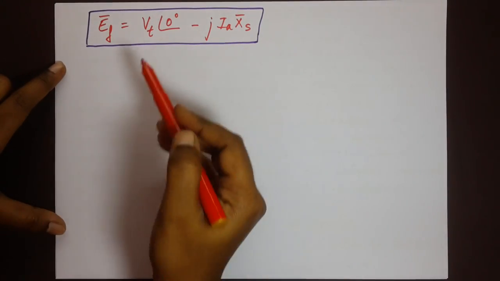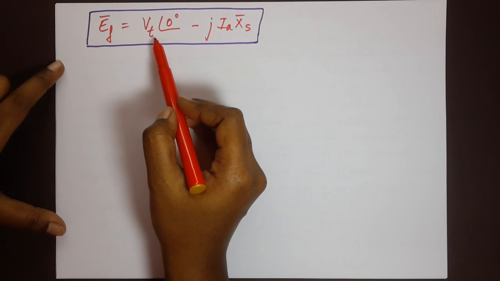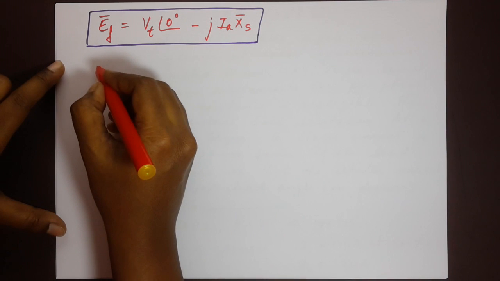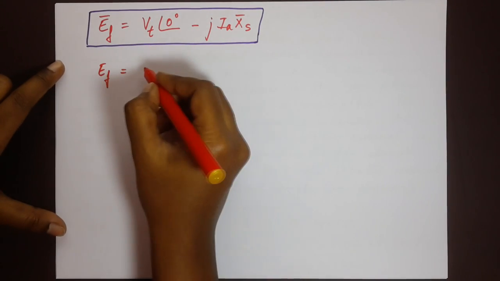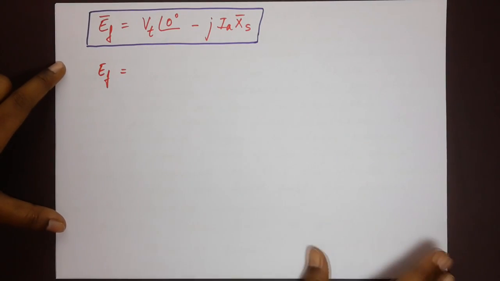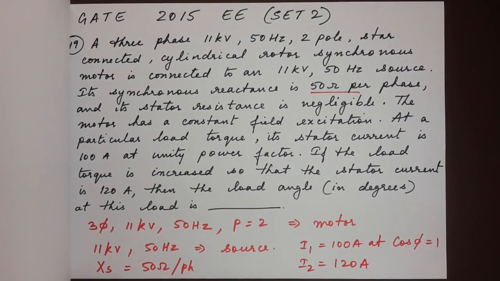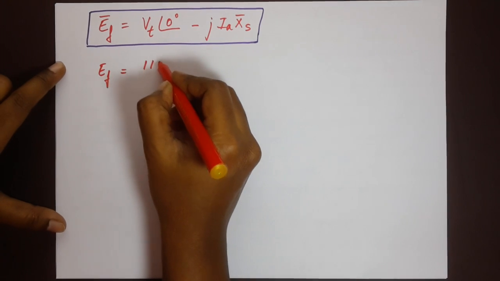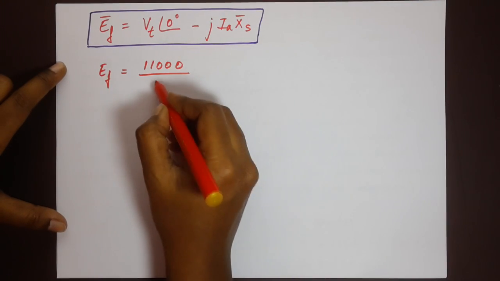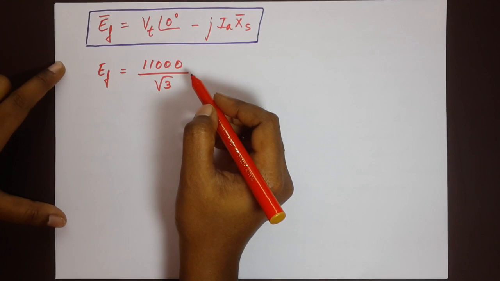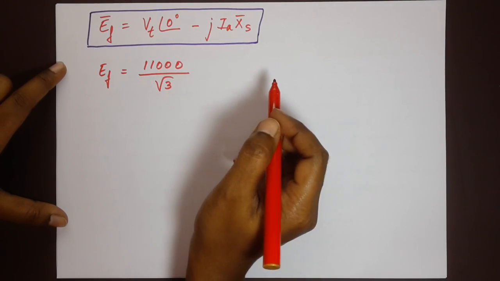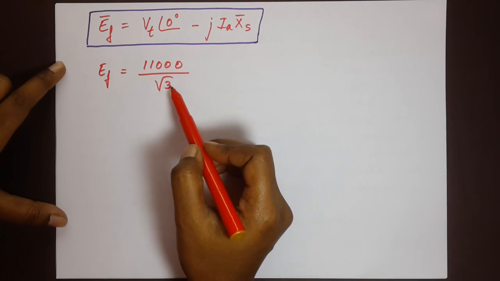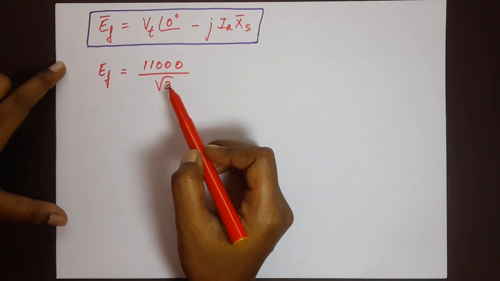Now let's enter the values of the voltage, the current and XS given to us. So EF would now equal to, what's our voltage given? The terminal voltage is 11 kV, so 11,000 divided by root 3. We have to remember here and be very careful because XS is given in terms of per phase, so we have to note that down in terms of per phase.